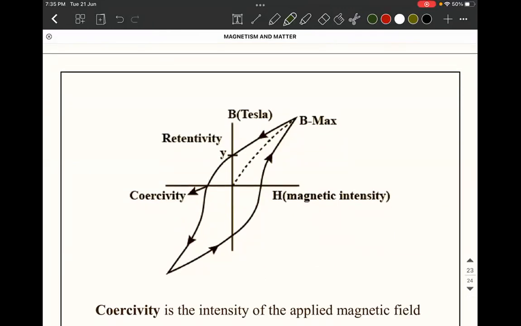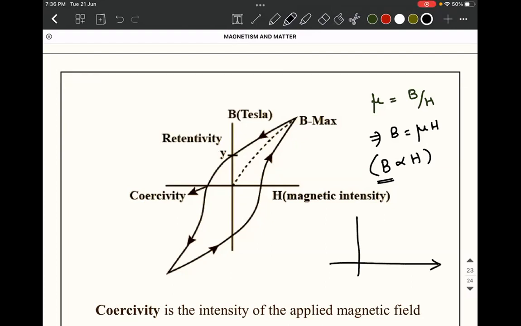If you recollect the concept from yesterday, we saw mu is equal to B divided by H, which implies B is equal to mu into H. From this, I observe that B is directly proportional to H. So if I plot a graph between B and H, what am I supposed to get? I'm supposed to get a straight line like this.